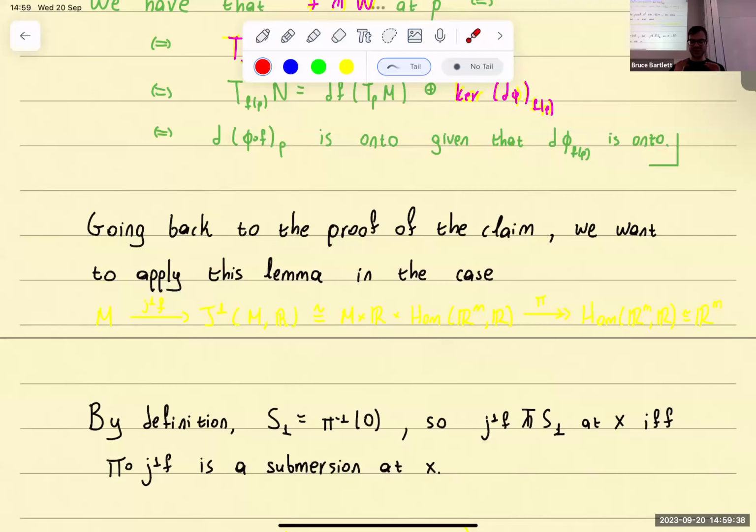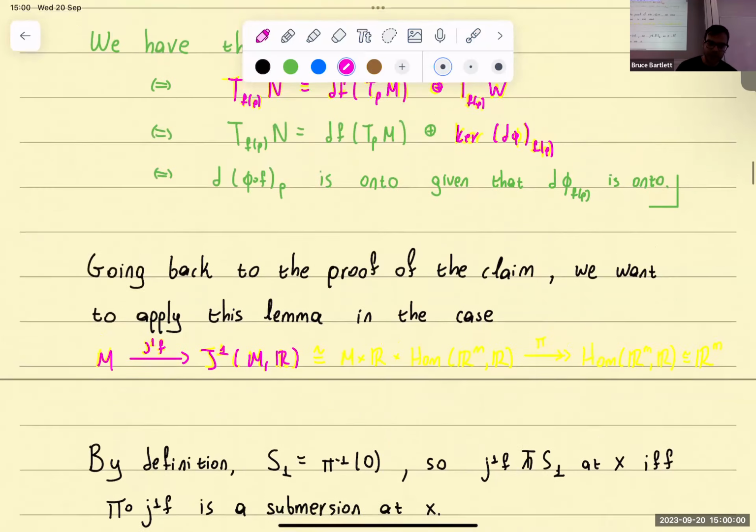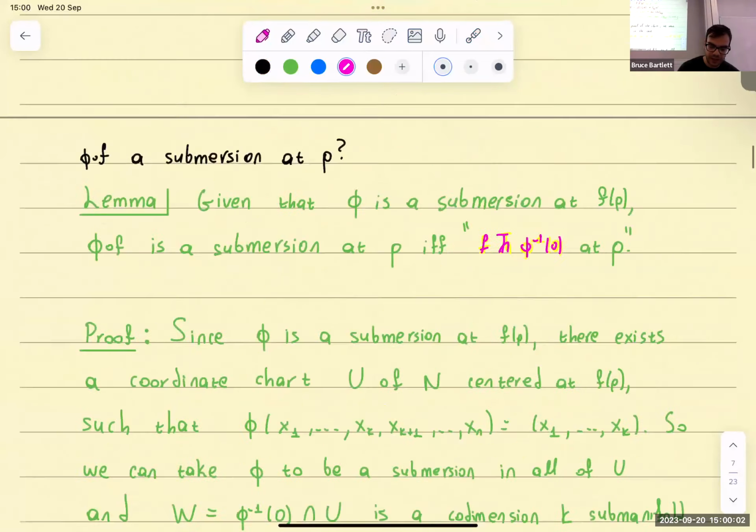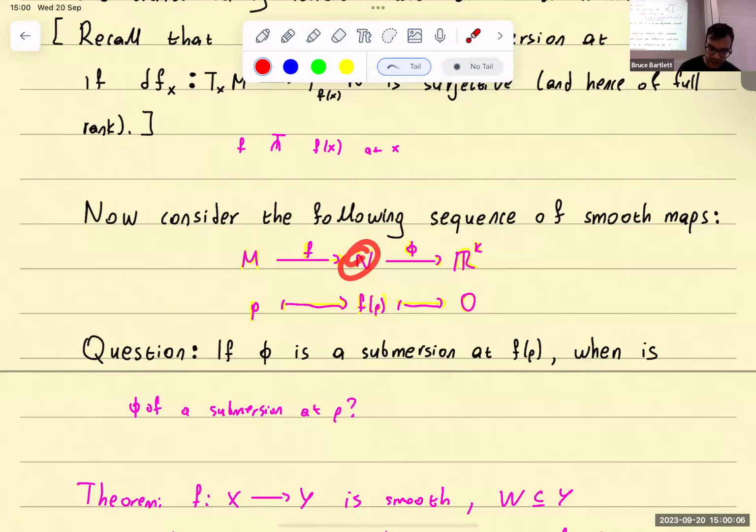So I want to apply this in the following case. I want to look at M, and at the following sequence of maps. There is a map which is the first jet section of f, and the target of it is J1(M, R). So this is going to be the N in that lemma.